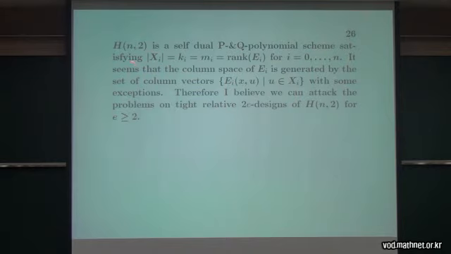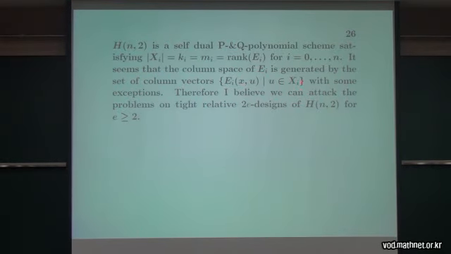In the binary Hamming case, it is self-dual, and K_i is the cardinality of X_i and M_i is the same. I checked this property for small i, I'm sorry, for i up to maybe 5 or something like that.